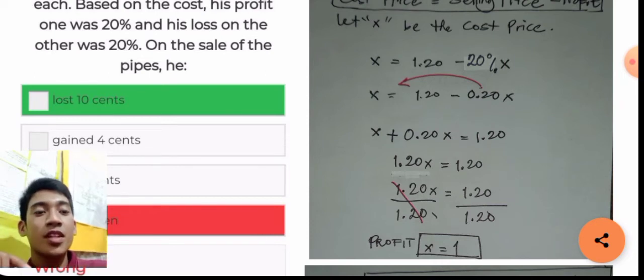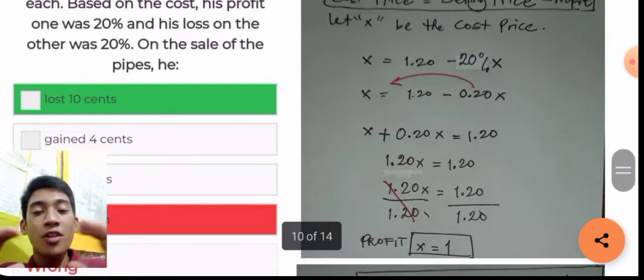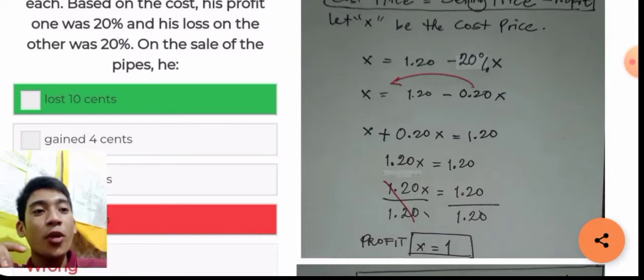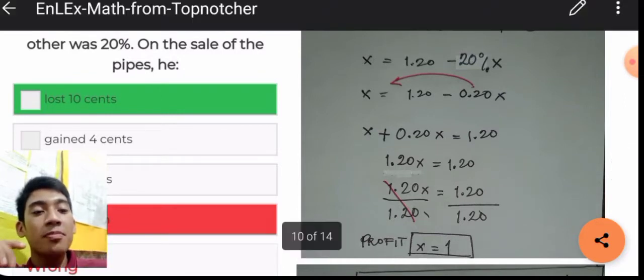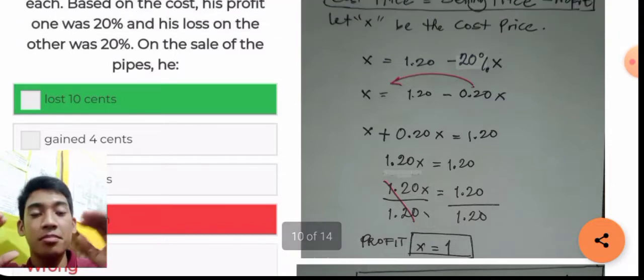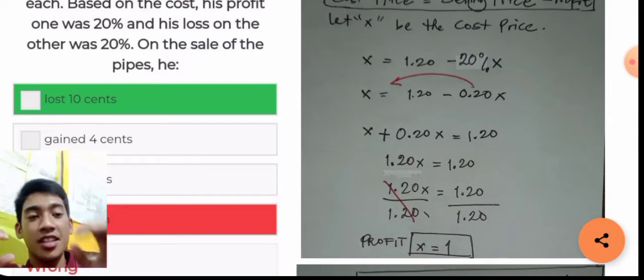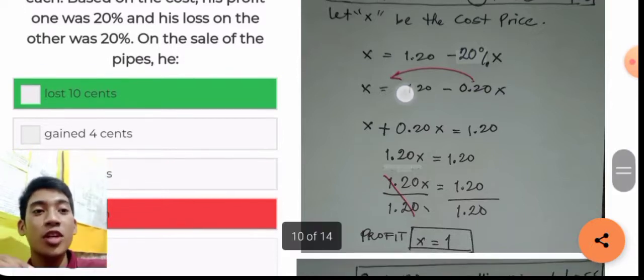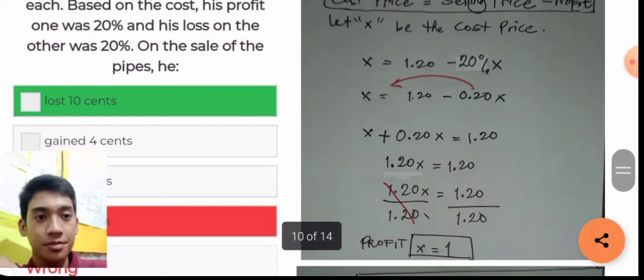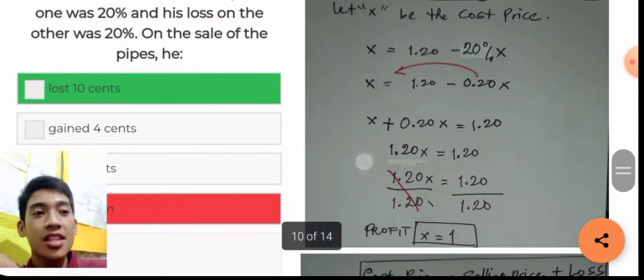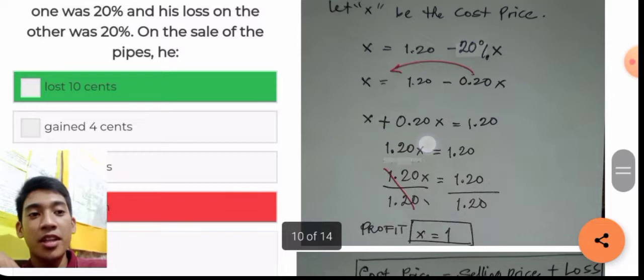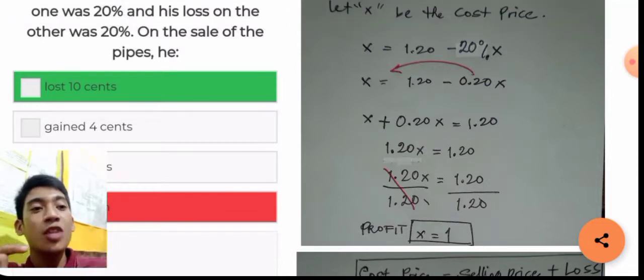Now, combine all terms in which negative 0.20 from 20%, let us make it into decimal by moving 2 decimal places to the left. So 0.20X, transpose it together with X, combine all terms. So it becomes X. Since it is negative, it will now become positive. So X plus 0.20X equals 1.20.